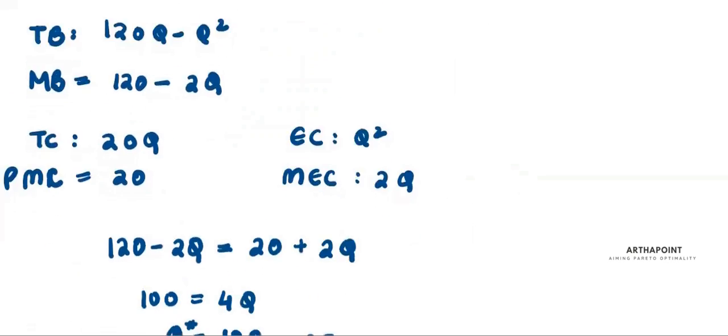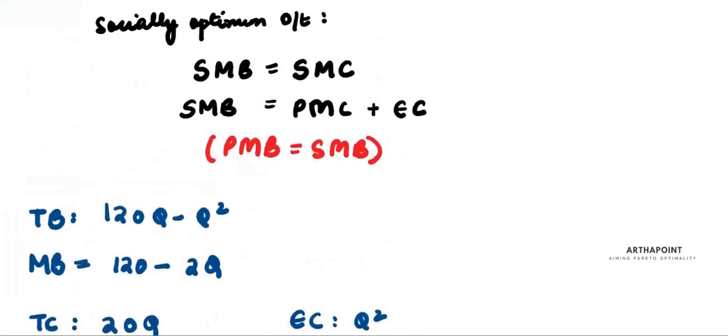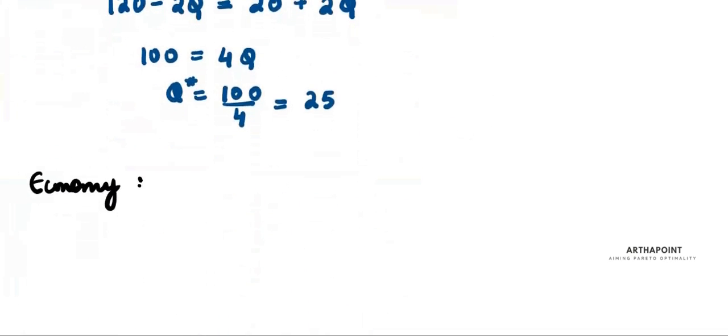Let's understand what happens in an economy in the presence of externality. This is what we desire: that people should take into consideration the external cost at the margin. But this is not something that is going to happen.